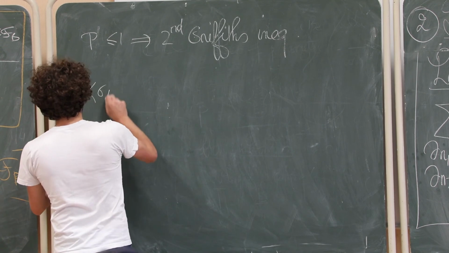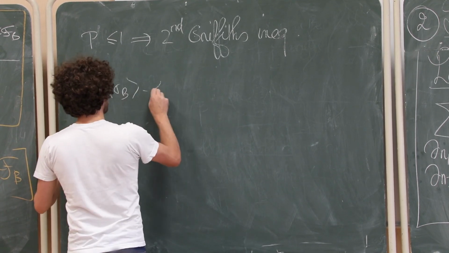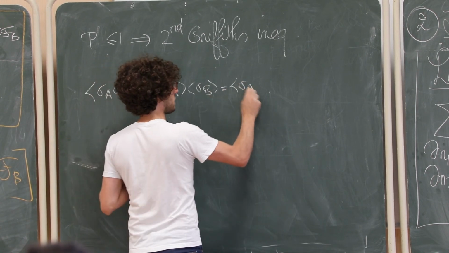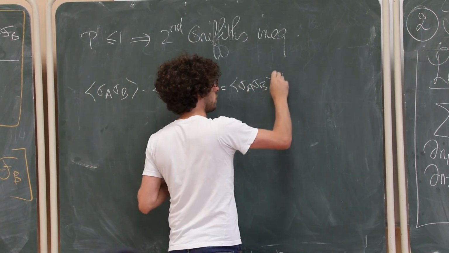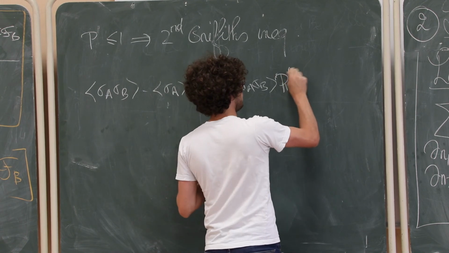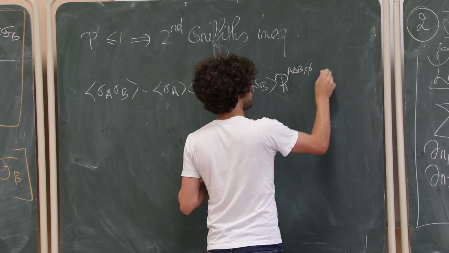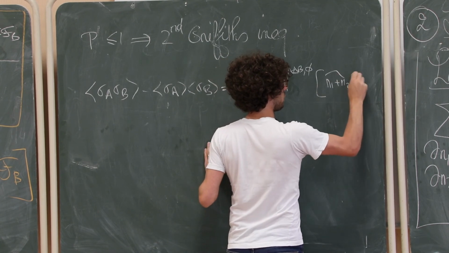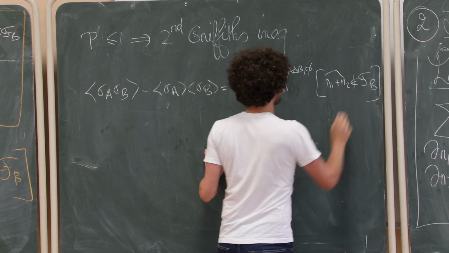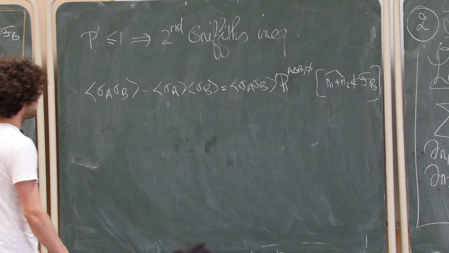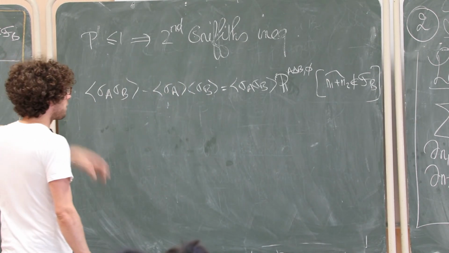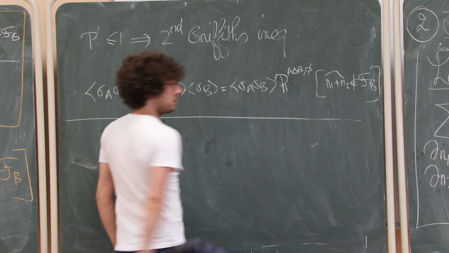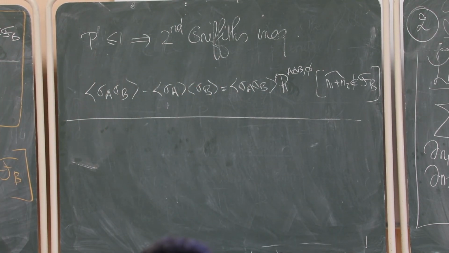It tells me that sigma_A sigma_B minus sigma_A sigma_B is sigma_A sigma_B times the probability of N1 plus N2 hat not in F_B. And this is going to be extremely useful for us.